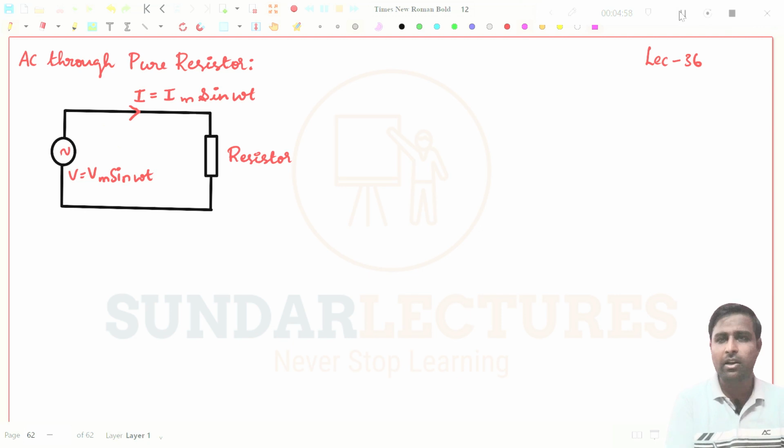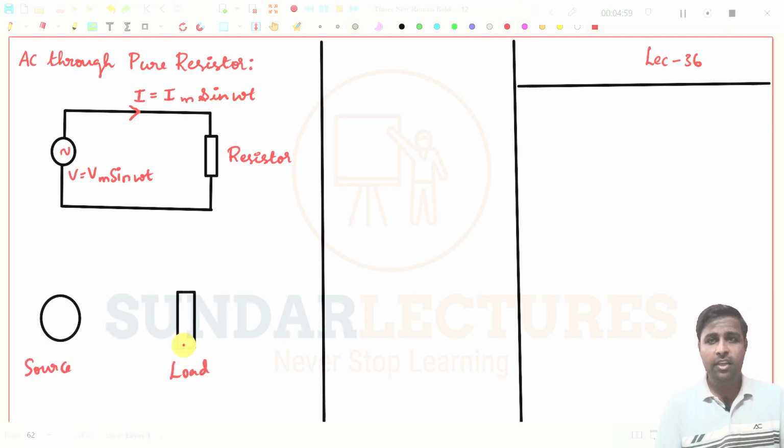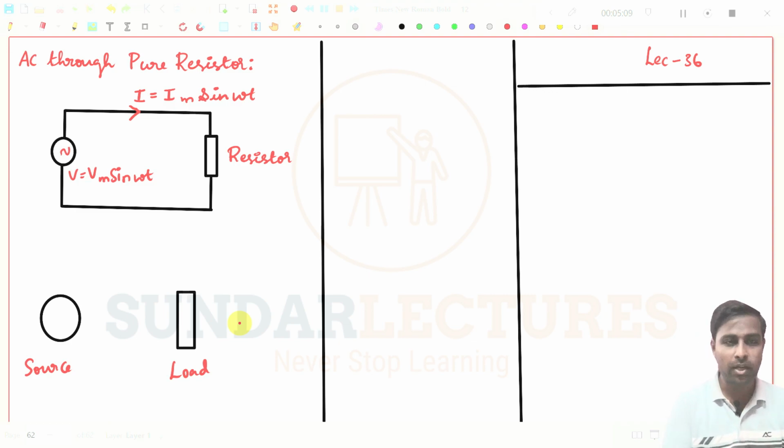Let me draw the diagram. I have taken a source and a load, and what is positive power and what is negative power, that is what we are going to learn. If power flows from source to load, which means power flows from source to load.